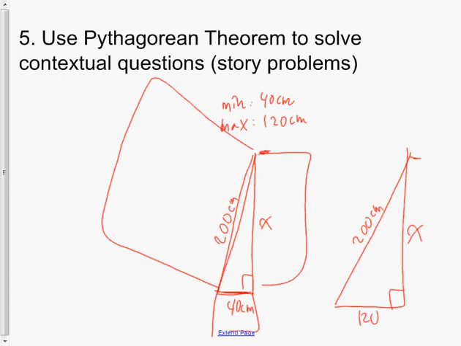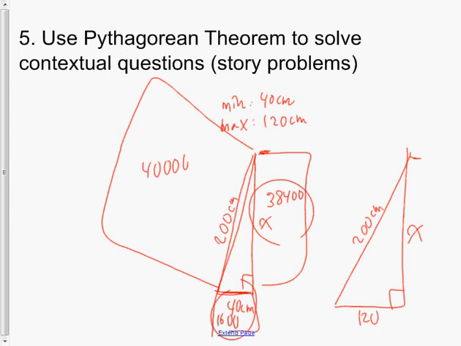So if I draw squares on each of those, 200 squared would be 4 plus 4 zeros, which is 40,000. 40 squared would be 16 plus 2 zeros. And since this plus this has to equal this, I can use subtraction to figure that out. It's going to be 38,400.